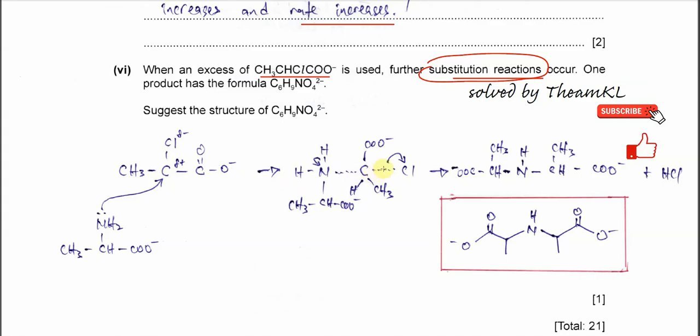Again, the C-Cl bond breaks from chloride and the N-H bond breaks. So this pair of electrons restores to the lone pair on nitrogen. It will form a hydrogen ion combined with the chloride to form HCl. After that, it will form these final products, right?